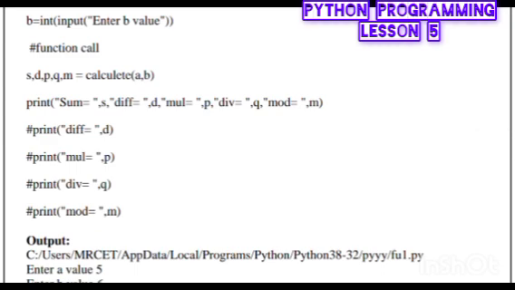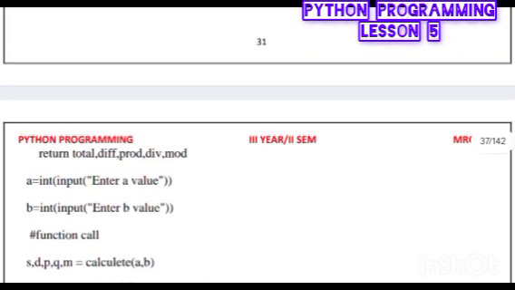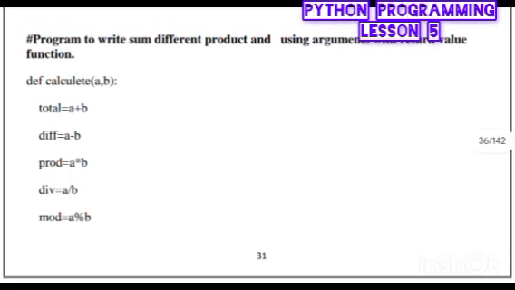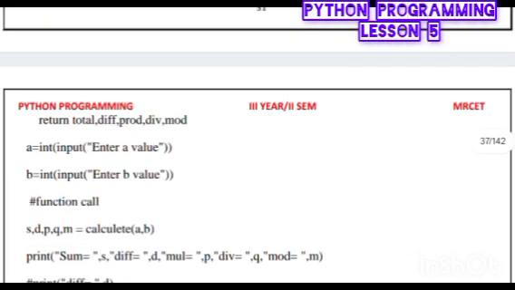Here the format of print: print difference comma d. Here we calculate the difference: difference equal to a minus b. Here we call the calculate function, calculate a comma b. In place of total, a plus b will be assigned, and difference, a minus b, is assigned. All this is assigned in these variables. We will call the calculate function here.